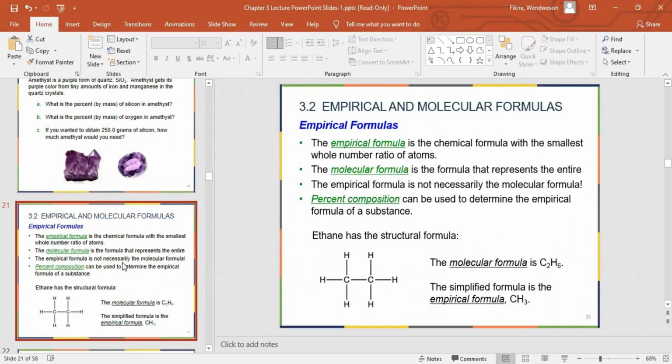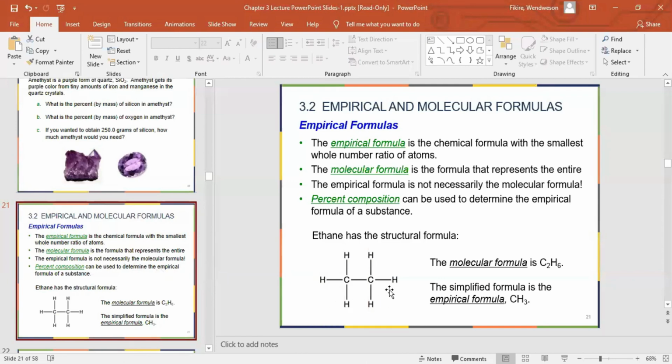In chapter 2, I gave you the definitions of empirical formula and molecular formula. The empirical formula is the chemical formula with the smallest whole number ratio of atoms. The molecular formula is the formula that represents the actual number of atoms.